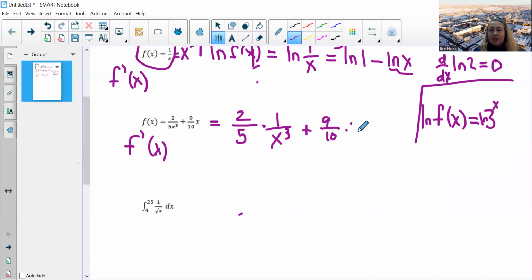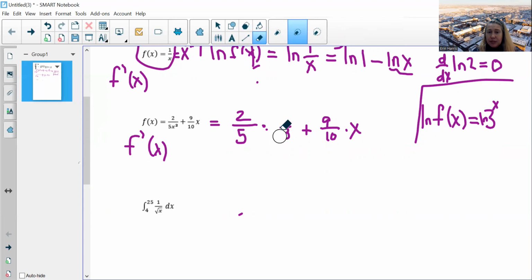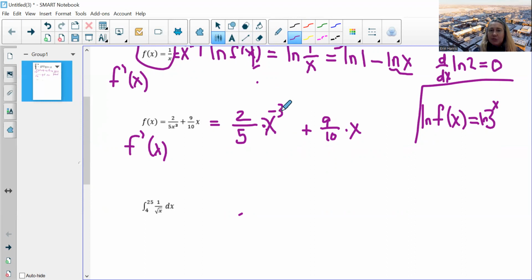Okay, so how do we find the derivative of this? So we get to just kind of ignore the constants, okay, and then we're back to power rule. So remember what to do here, 1 over x cubed, bring it upstairs, and then I hope we remember how to multiply fractions, right? Because we have to multiply -3 times 2/5.